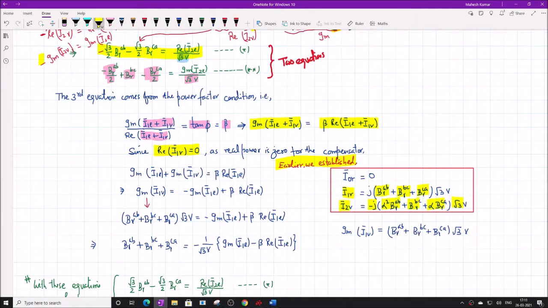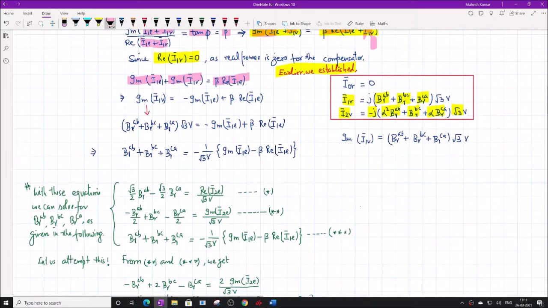Using this condition, this becomes 0. Okay, and hence the condition we get is imaginary of I1L, this one, plus imaginary of I1 gamma, this one. We can expand these imaginary parts, equal to beta into real of I1L, this one, and this is 0.